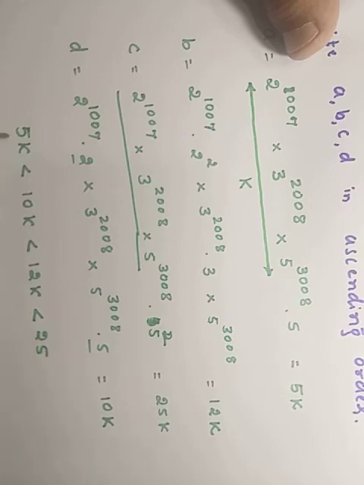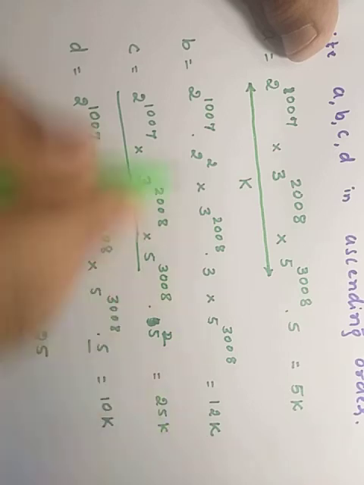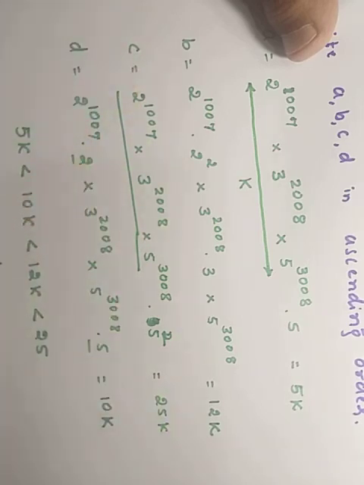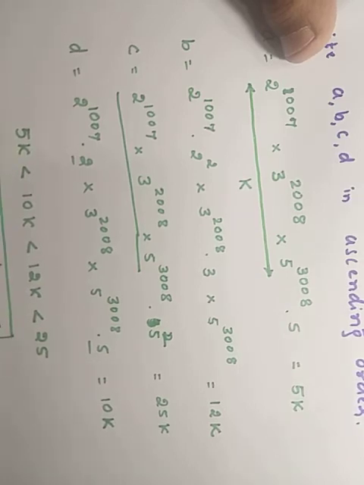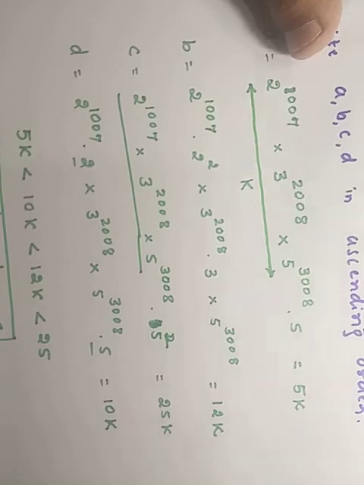And corresponding 5K means we have A, so A is less than D, is less than B and is less than C. Therefore, you have arranged A, B, C, D in the ascending order.